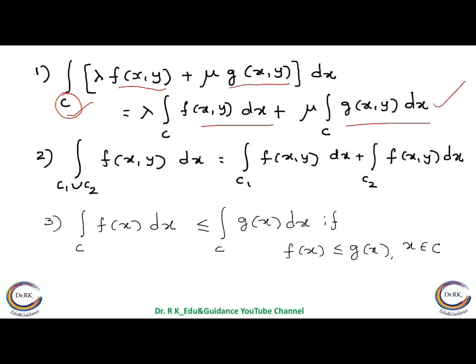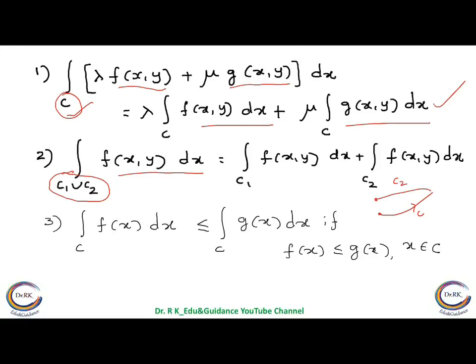Second property: if the line integral of f of x, y dx is over the union of two curves, C1 union C2, suppose this is C1 and this is C2. Maybe you can take a closed curve also, not a problem.